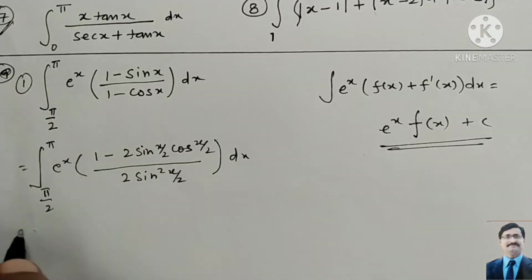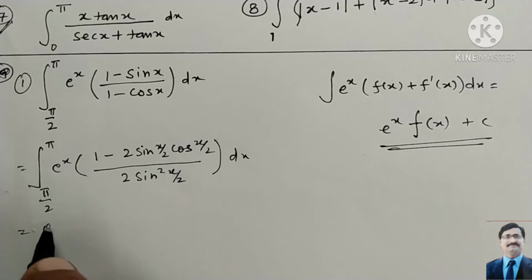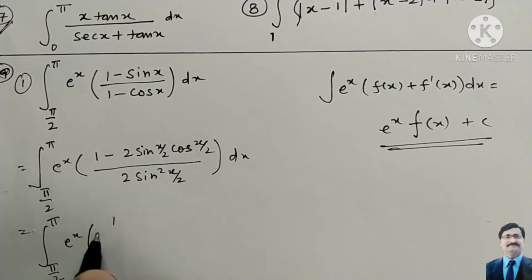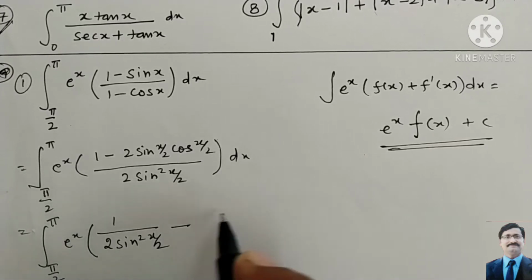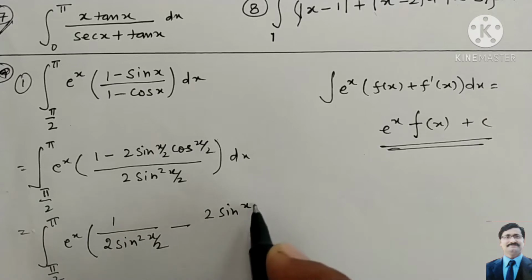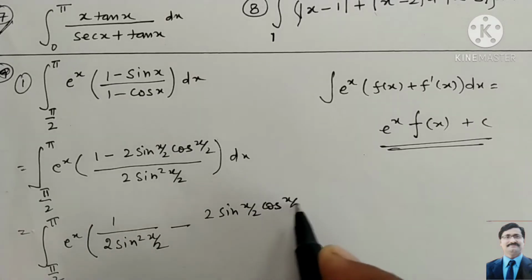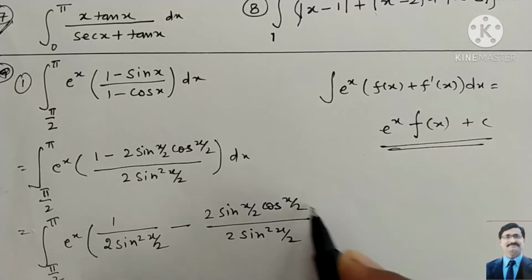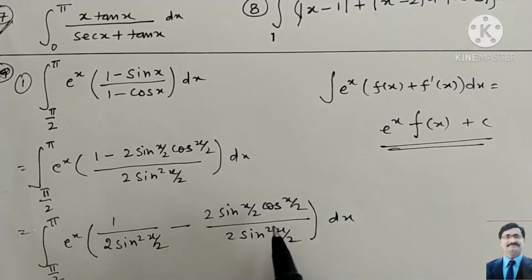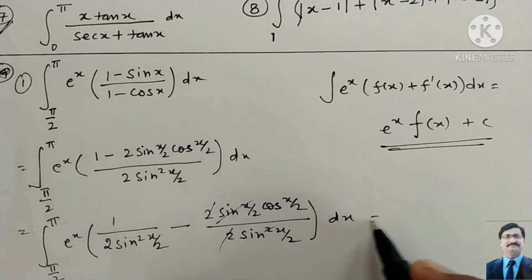Now we can separate. So when we separate, we get integral pi by 2 to pi e power x, 1 upon 2 sin square x by 2 minus 2 sin x by 2 cos x by 2 upon 2 sin square x by 2, dx. Look here, 2 cancels, sin x by 2 cancels.